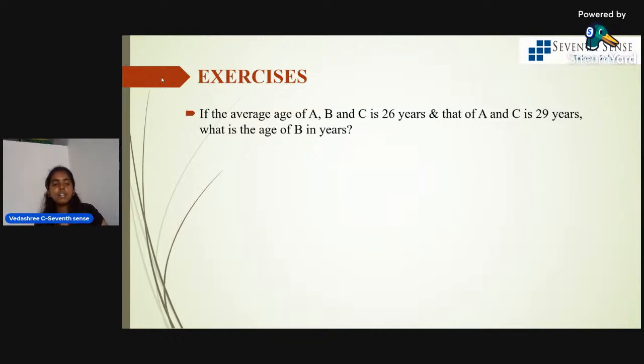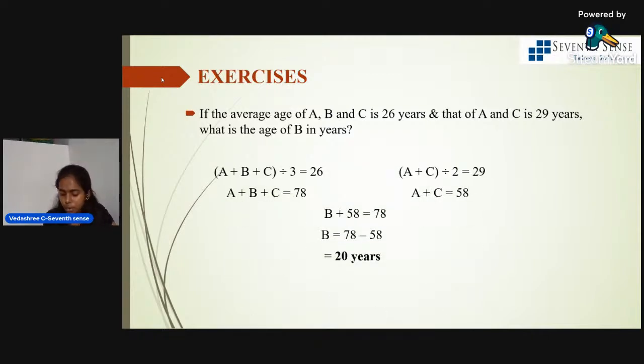If the average age of A, B, and C is 26 years, that of A and C is 29 years, what is the age of B in years? So, how will you calculate this? I'll explain one problem. Next, you have to solve. The answer is 20 years. Okay, 20 is the correct answer.